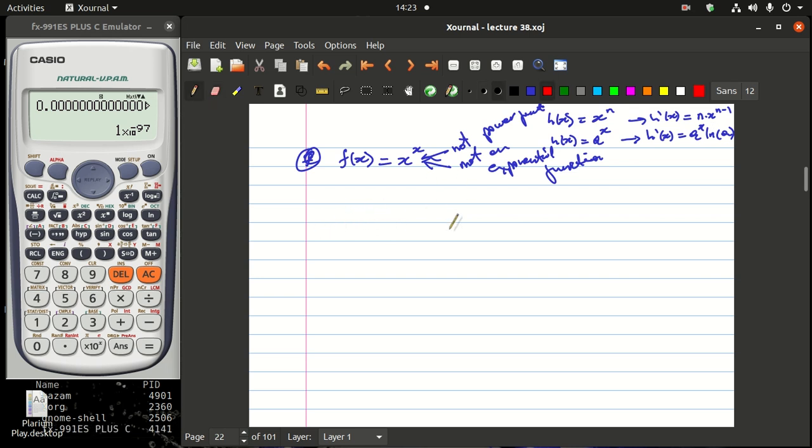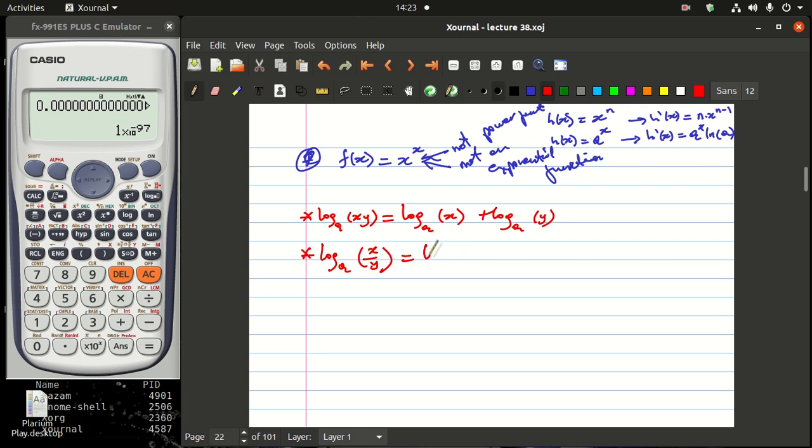Actually, it's not that hard, because one thing that I told you is that whenever you have log base a of x times y, you know that this is always going to be the same as log base a of x plus log base a of y. That's what we said. And we also said that whenever you have log base a of x divided by y, we know that this is going to be log base a of x minus log base a of y. We talked about this.